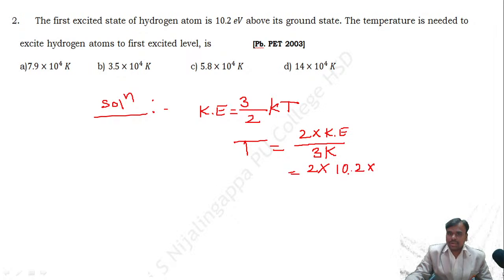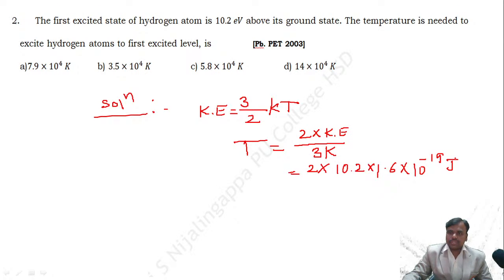Here we have 10.2, that is multiplied by 1.6 into 10 to the power of minus 19.